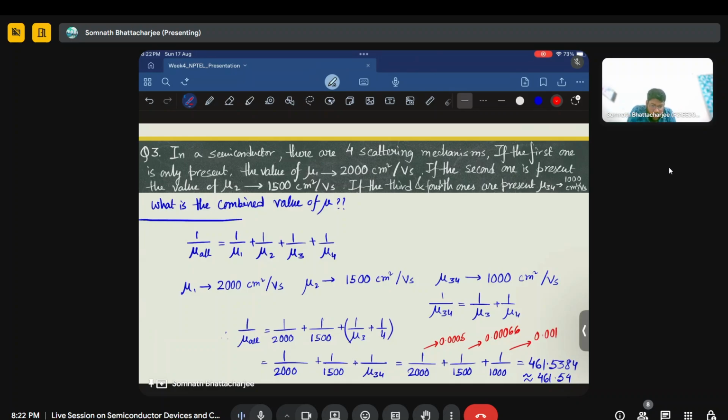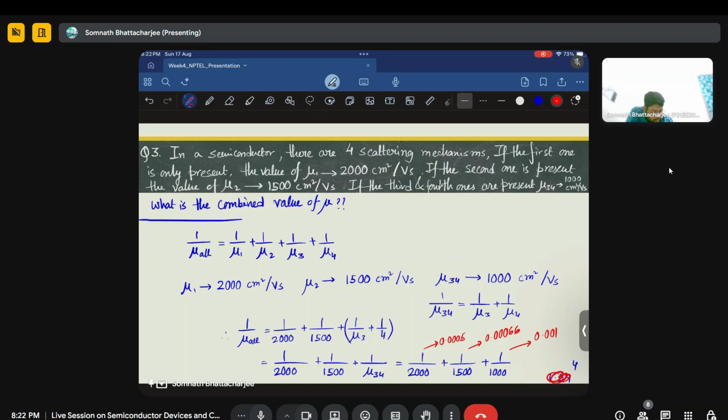So if we are adding this up, 0.001 plus 0.00066 plus 0.0005, you are getting the value 0.00216, right? Yes, sir.